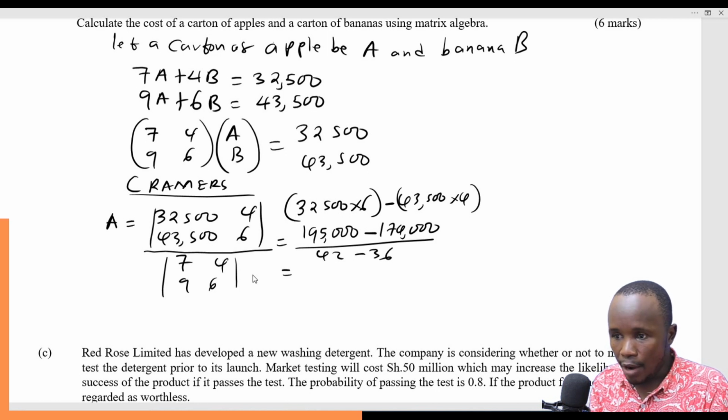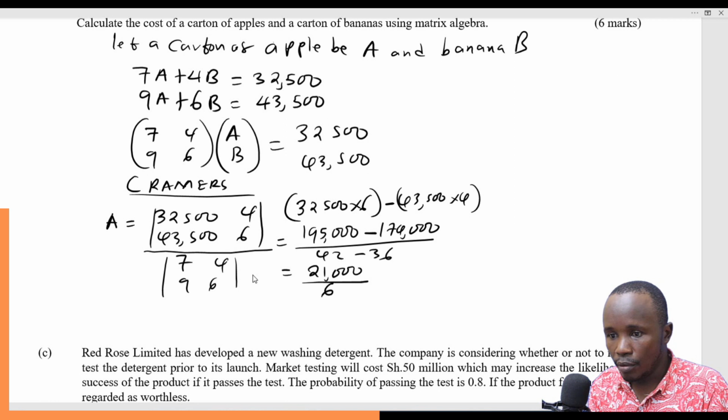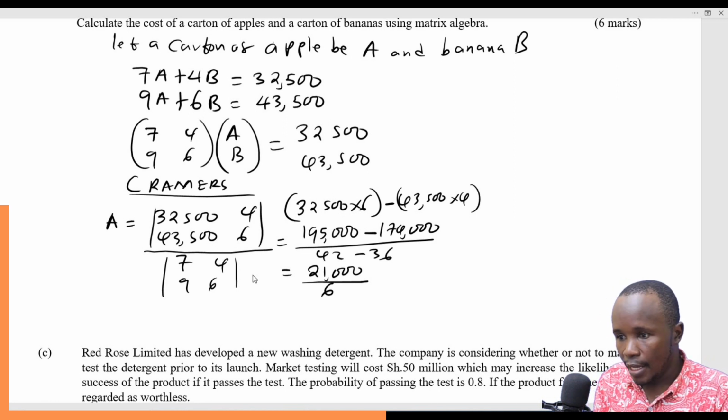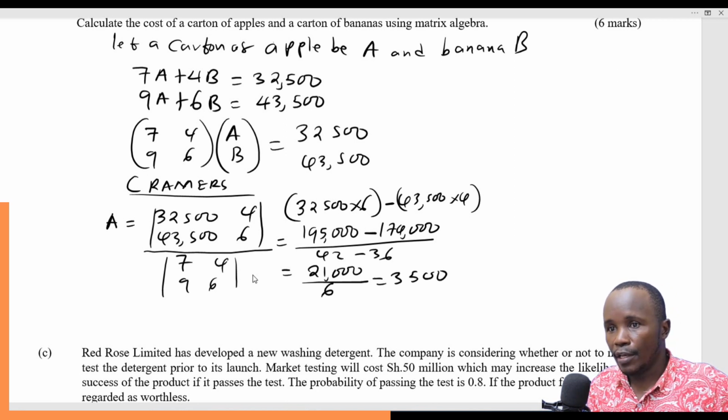I will have 195,000 minus 174,000, giving me 21,000, divided by 42 minus 36, which is 6. So 21,000 divided by 6 is 3,500. Then that is the cost of 1 carton of apple.